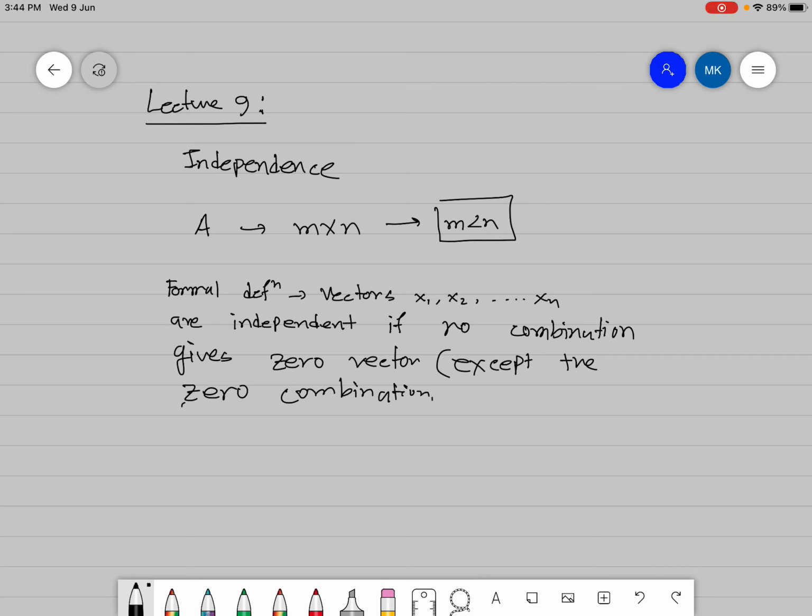Let's put it in brackets. Okay, so if some other combination, other than the 0 combination, gives a 0 vector, then the vectors are dependent.